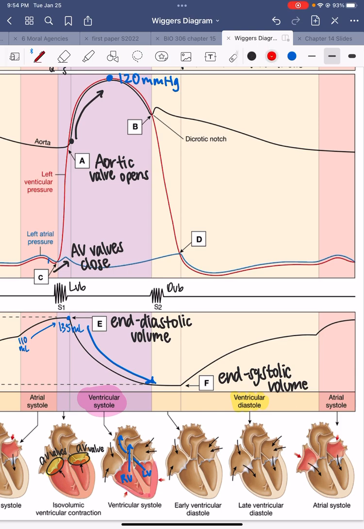It is the volume of blood ejected during each heartbeat. When the ventricles relax during ventricular diastole, the semilunar valves shut, resulting in the second heart sound. This is labeled S2 for sound 2, I'm guessing, on the heart sounds line. And this is the dub sound of the heartbeat.